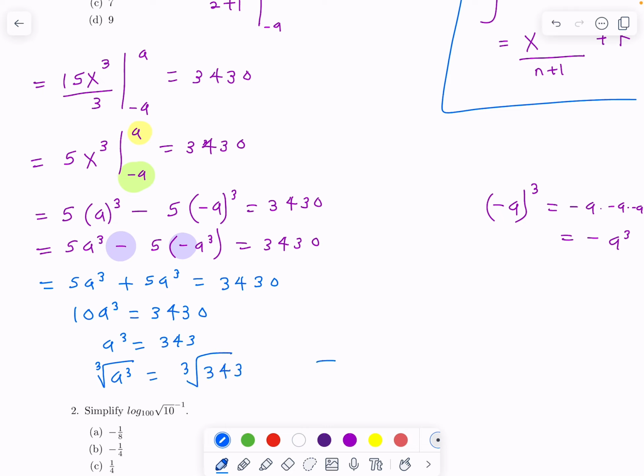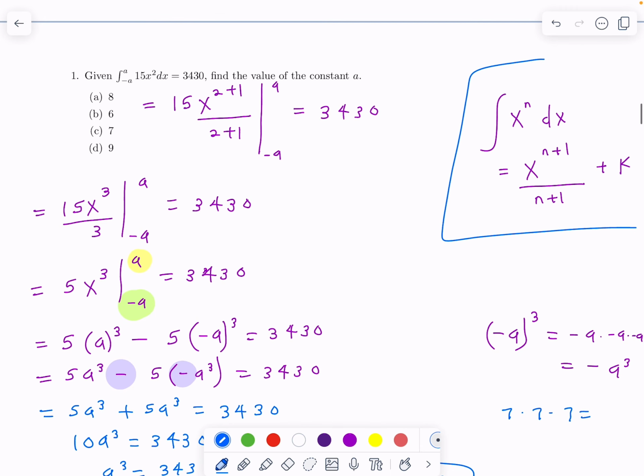The cube root of 343 is 7, because 7 times 7 is 49, and 49 times 7 is 343. So the answer here is 7. That's C.